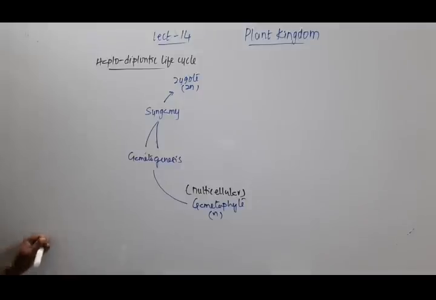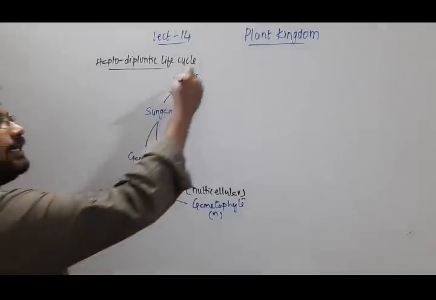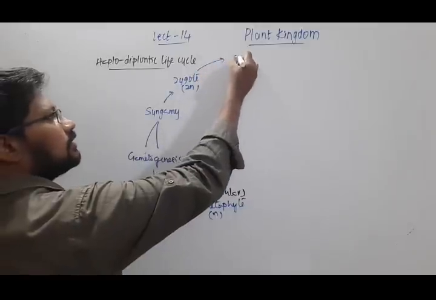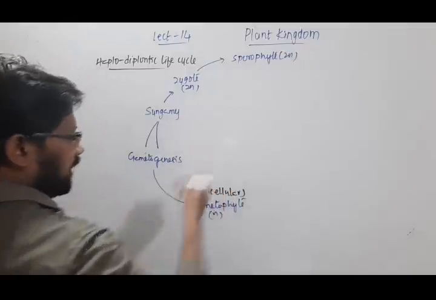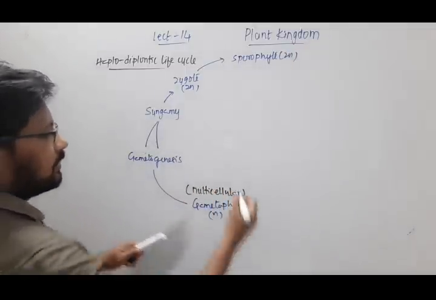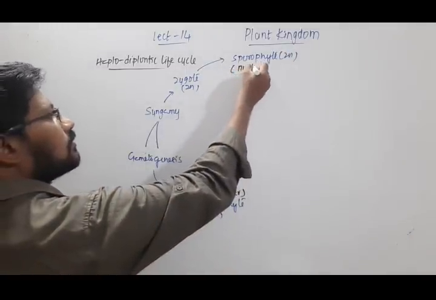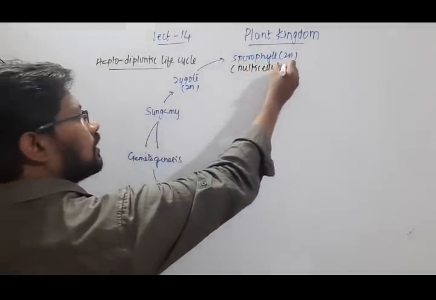We know the zygote is the first cell of the sporophyte, and it gives rise to the sporophyte, which is diploid and also multicellular.